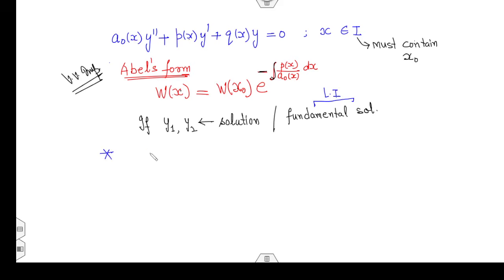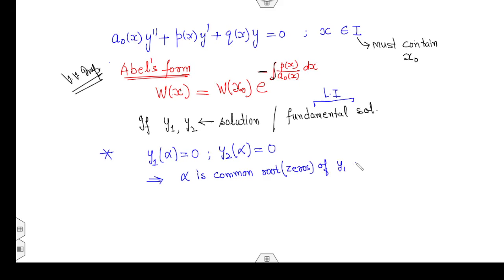The last and most important concept is: if you find that the Wronskian at any point alpha is 0, and the value of y2 at the same point is also 0, what does that mean? That means alpha is the common root, or you can say the zeros, of y1 and y2.